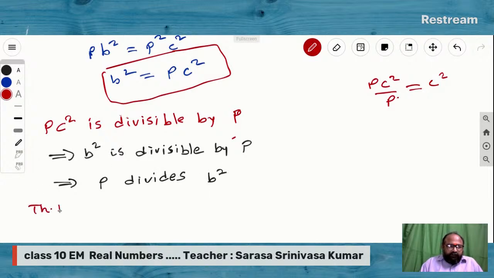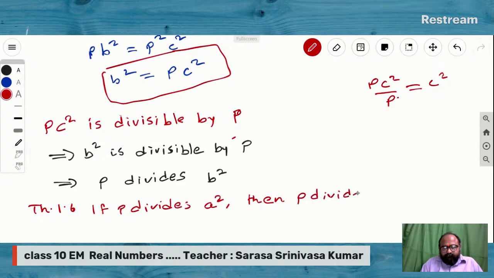Theorem 1.6 states that if P divides a square, then P divides a.